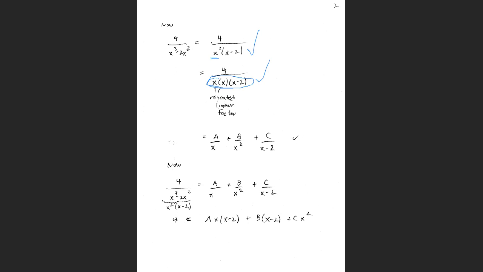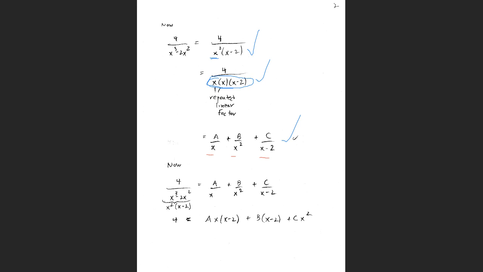So what's the partial fraction expansion going to be? Well, this is kind of interesting. I have in the denominators x, and then x squared, and x minus 2. So this is a little different, right?